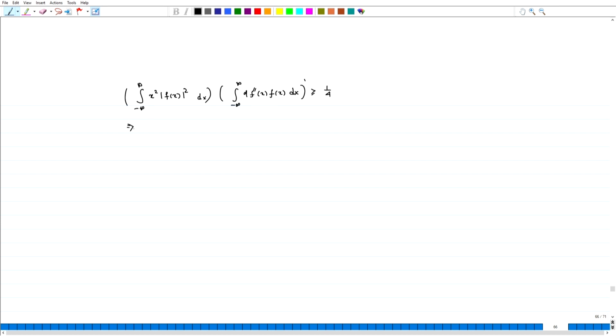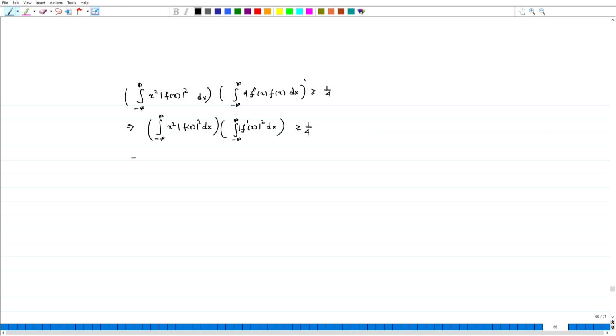Now, this implies the integral of x square f of x square dx. If we do integration by parts again, what we are going to get is that this is minus the integral from minus infinity to infinity of f prime of x square dx, which is greater or equal to 1 by 4.